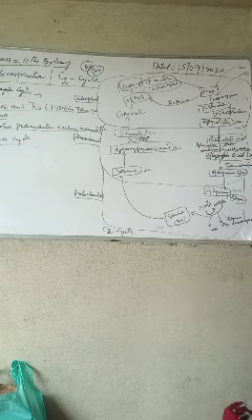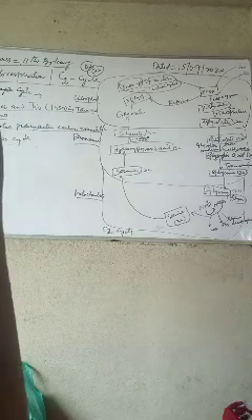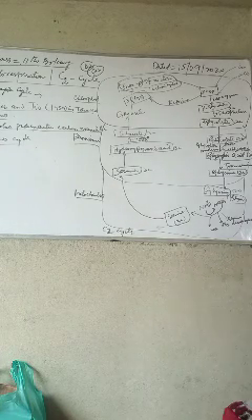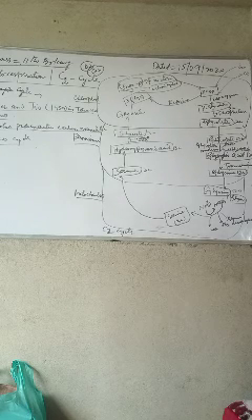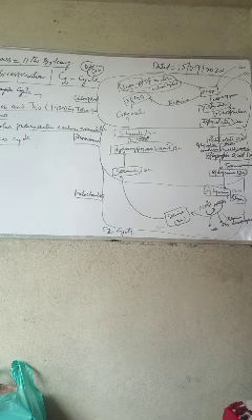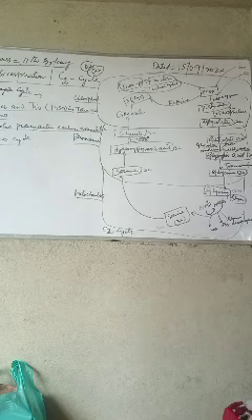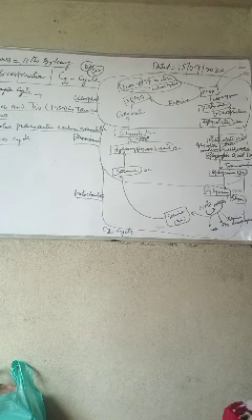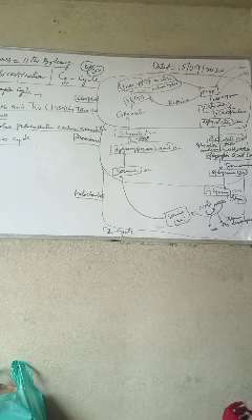Most of the intermediates of this cycle are C2 compounds, carbon 2 compounds. That is why we also call it the C2 cycle. And the first product of this cycle is also a C2 compound, that is phosphoglycolate or glycolate. That is why we call it the glycolate cycle, and this is also known as the glyoxylate cycle.